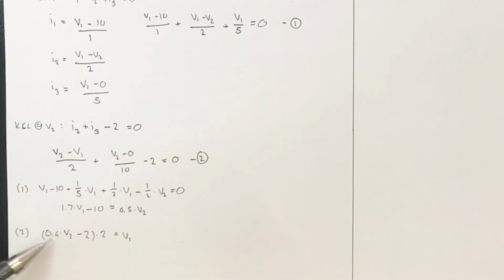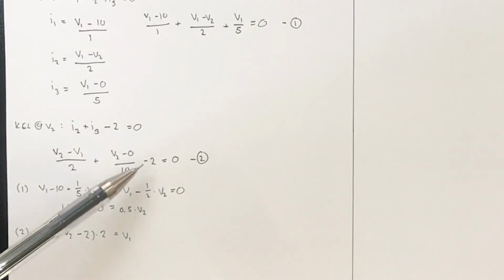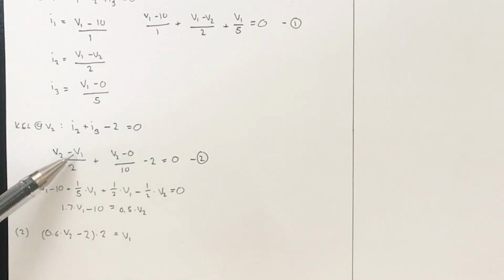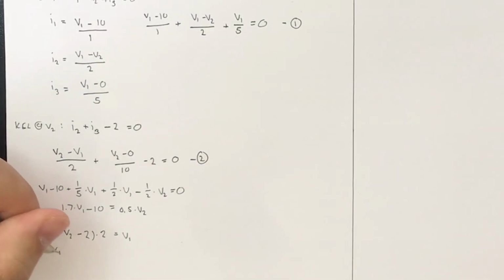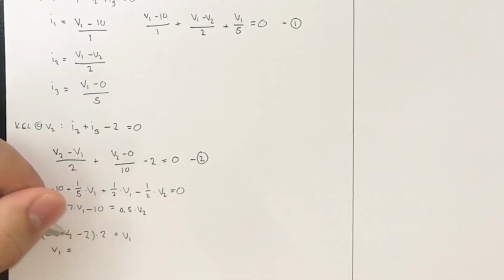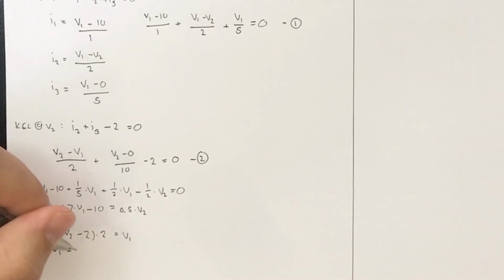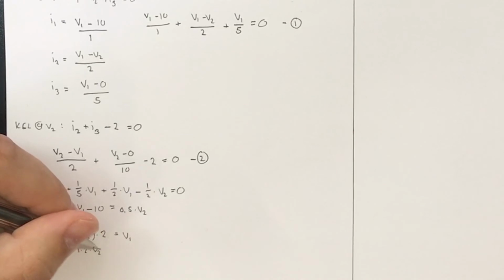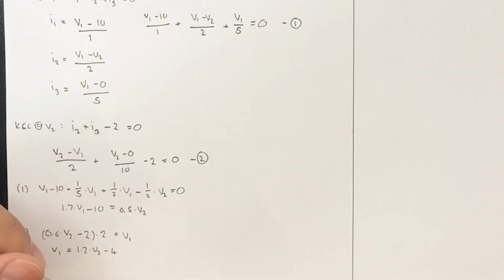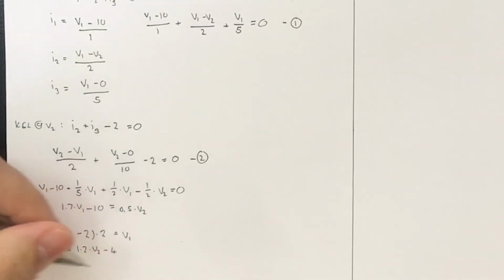We've summed them to get 0.6 of V2. Then we have minus 2, and we've taken V1 to the other side of the equation, and we've multiplied that 0.5 over this. So we get V1 is this. And we simplify that one step further. We get V1 is equal to 1.2 times V2 minus 4.